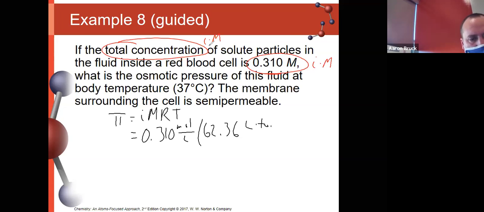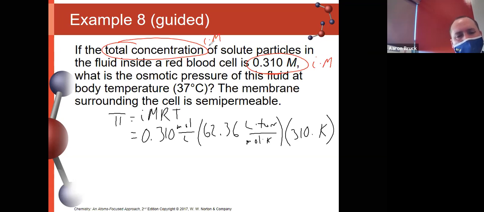Liters times torr over moles times Kelvin. 37 Celsius, 37 plus 273 would give me 310 Kelvin. My moles cancel, my liters cancel, my Kelvin cancel. All that I'm left with are torrs.